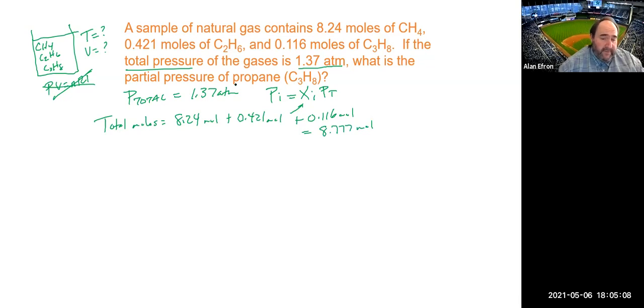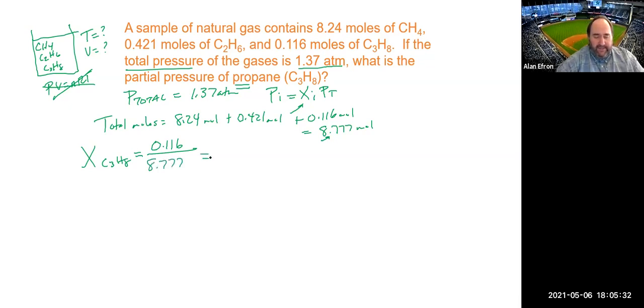So we could start with the one we're interested in, which is propane. To find the mole fraction of propane, which is C3H8, we would take the moles of propane, which was 0.116, and divide it by the total moles that we just calculated, 8.777.